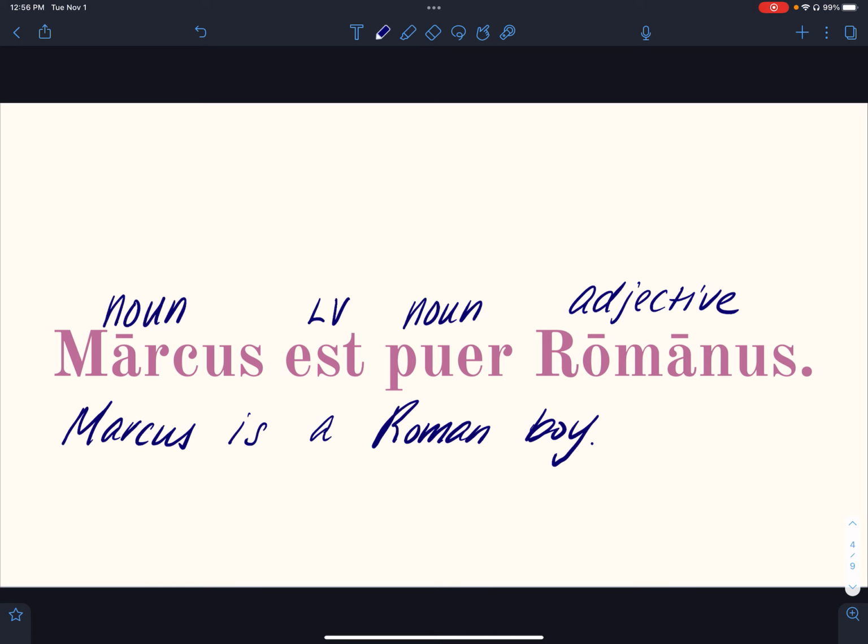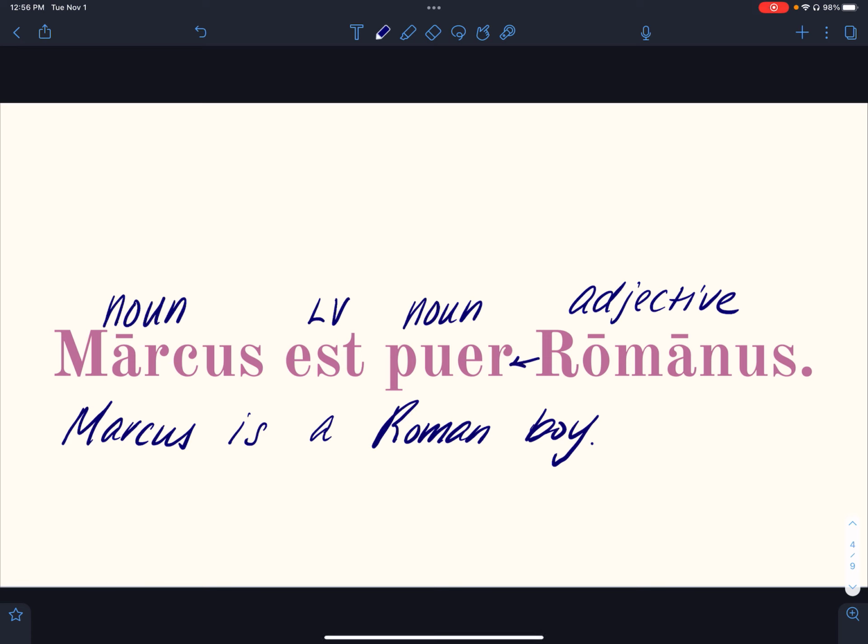Romanus is an adjective describing the noun. Good. Just to reiterate, Romanus is an adjective describing the noun puer. Now, we're going to switch that word describing with another word. What word? Modifying, right? So the word Romanus is modifying the word puer.